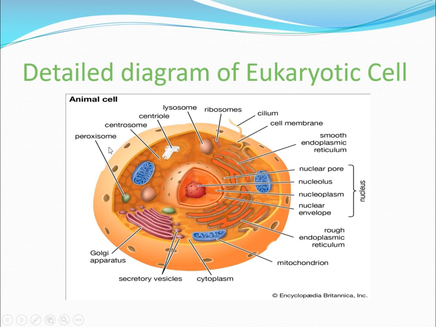This is the structure of the peroxisome, and centrosome and centriole, lysosome, ribosomes, and this is the tail-like structure with cilium. The cell membrane bounds all the parts present. This is a smooth endoplasmic reticulum, and here we are finding the rough endoplasmic reticulum. This is the total detailed structure of the eukaryotic cell. So let's move to the next slide.